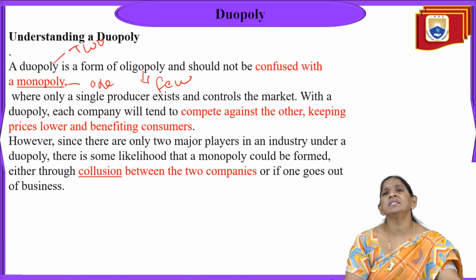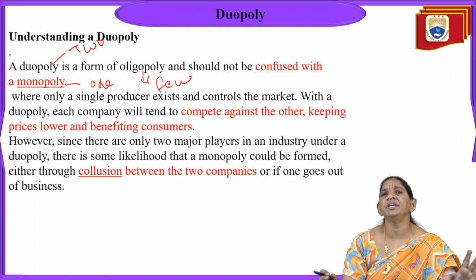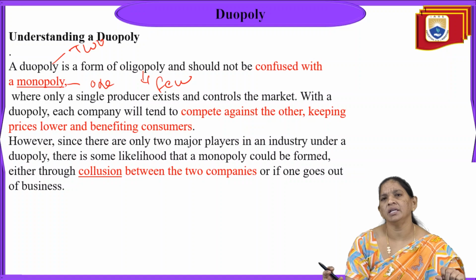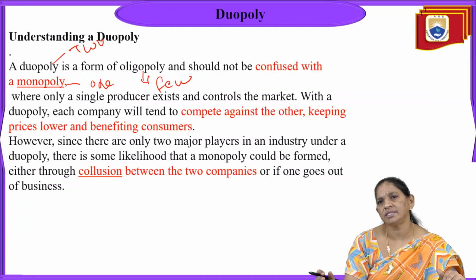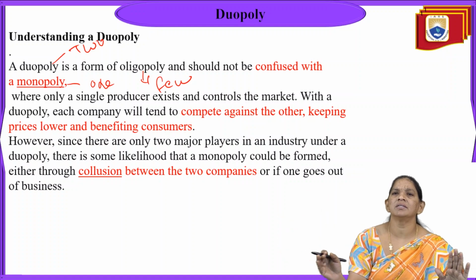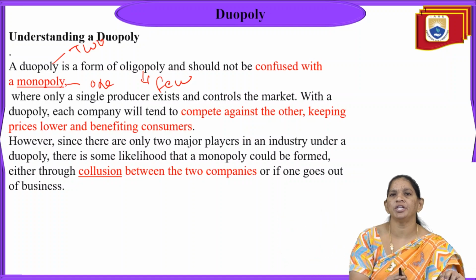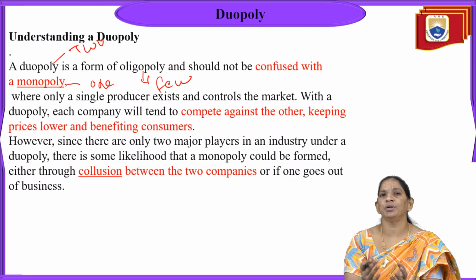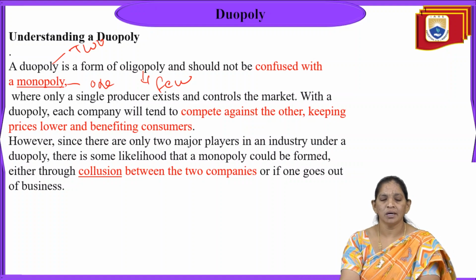However, we can say that duopoly industries play a major role, standing a little bit far from monopoly, where we can't say that only a single seller is there. We are provided a little bit of choice. It has a status where two people are able to supply one or the other.